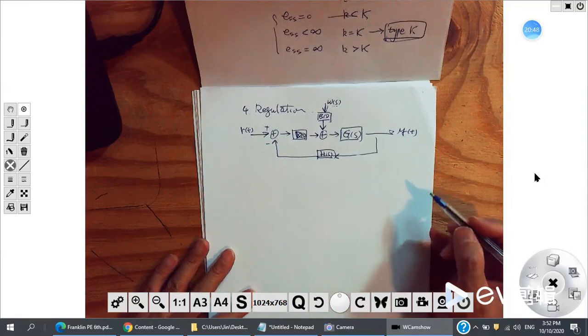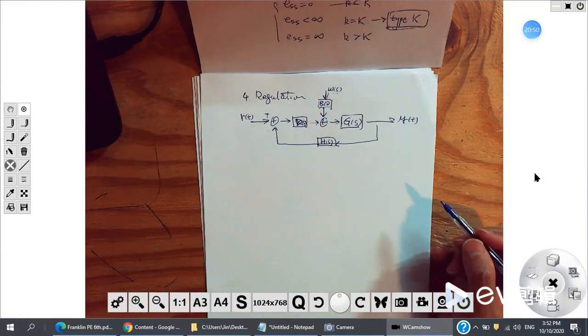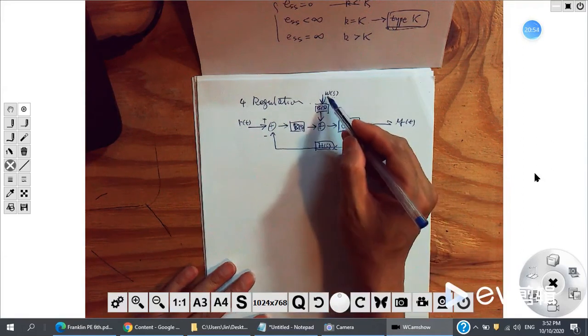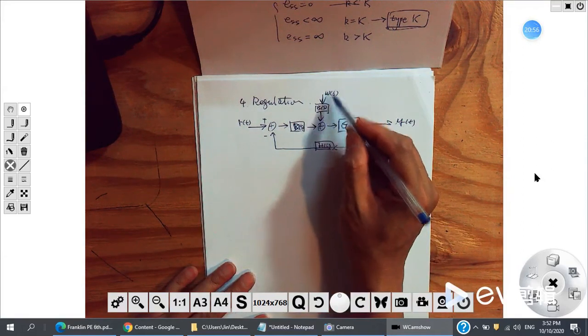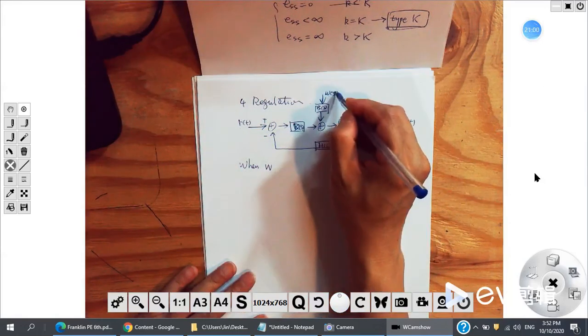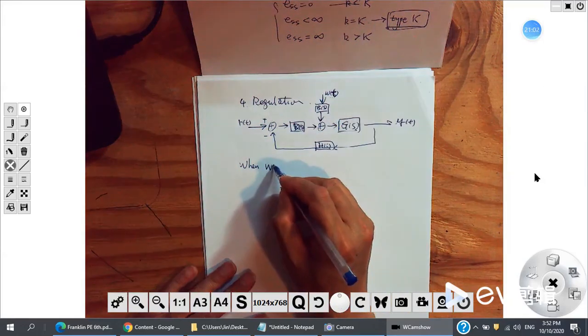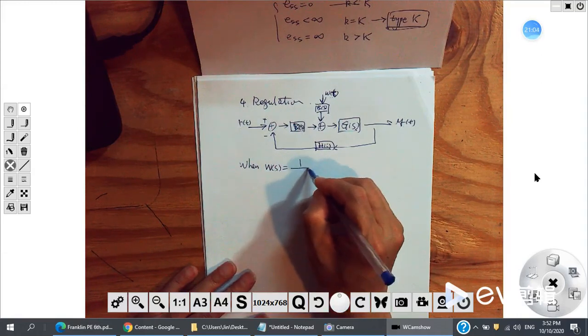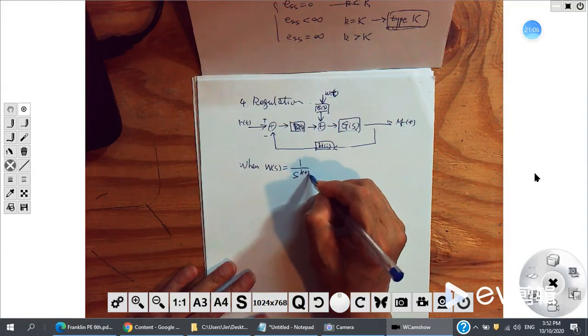Then we need a number to measure the ability. That means the steady state error. When you have input here, w, okay, it's a t. But in S domain, this is 1 over s to the k plus 1. We still use this one.